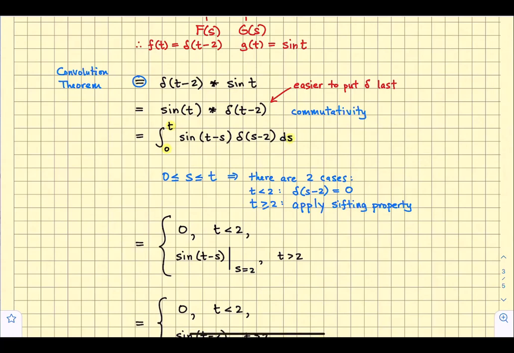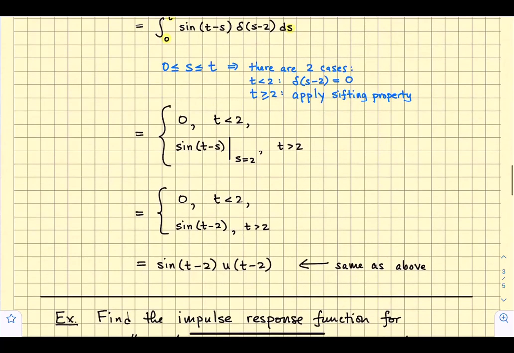And so when you apply the sifting property, if t is greater than or equal to 2, you get our function sine of t minus s evaluated at the place in the s variable where the spike occurred. And that will be true for t greater than 2 or greater than or equal to 2. It doesn't matter. We're never quibbling over what exactly happens at 2. And so then this simplifies to this. And notice that this you could rewrite in terms of unit steps as just this. And this is exactly the answer that we got above.